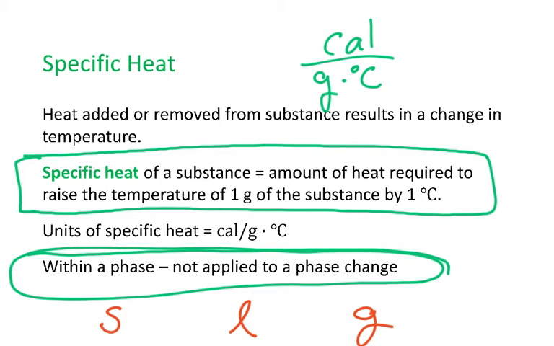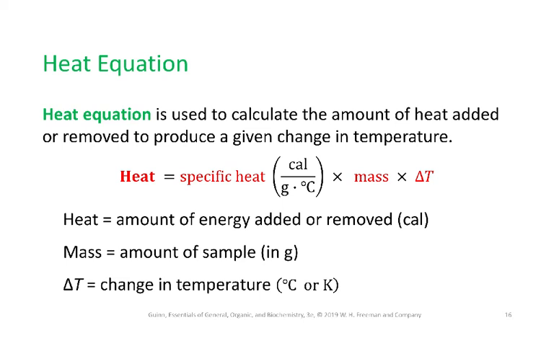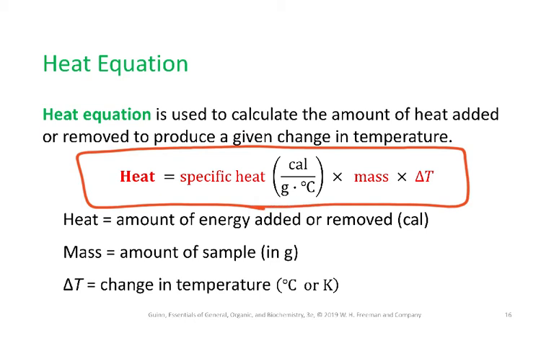So if we wanted to say, okay, how much heat is actually required to get this change to occur, what do we do? Well, here we use the heat equation. And we see it right here. It's the specific heat times the mass times the change in temperature.